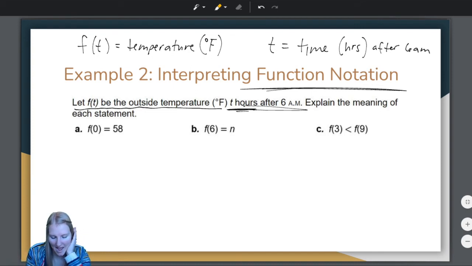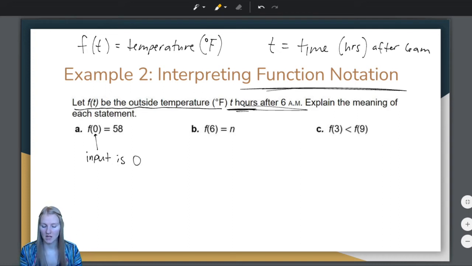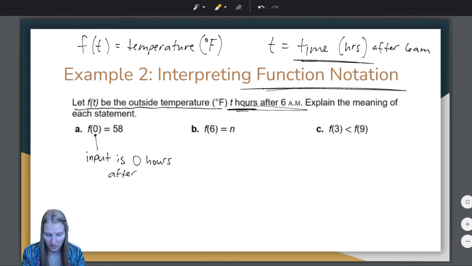So, f of 0 equals 58. So, this is saying that the input is 0. The input is 0 hours after 6 a.m. If it's 0 hours after 6 a.m., what time is it?